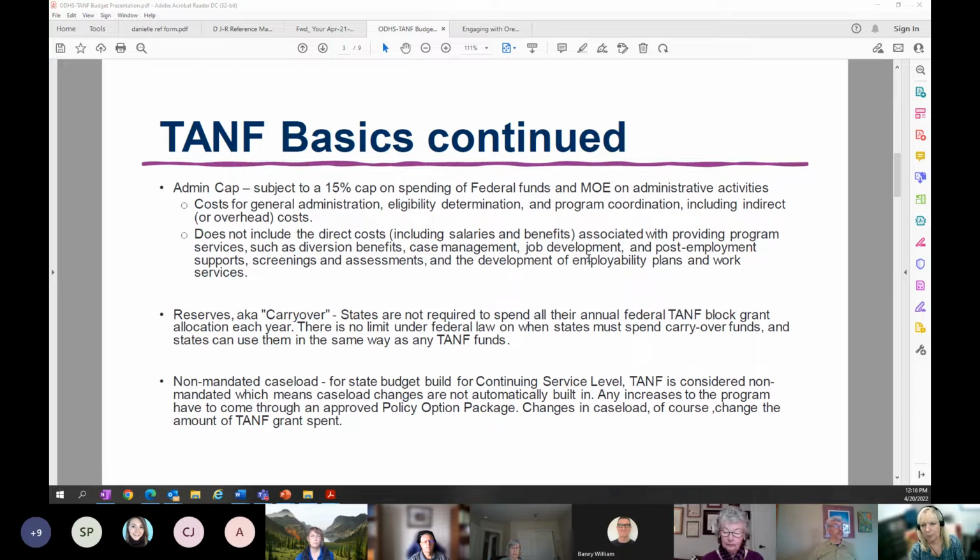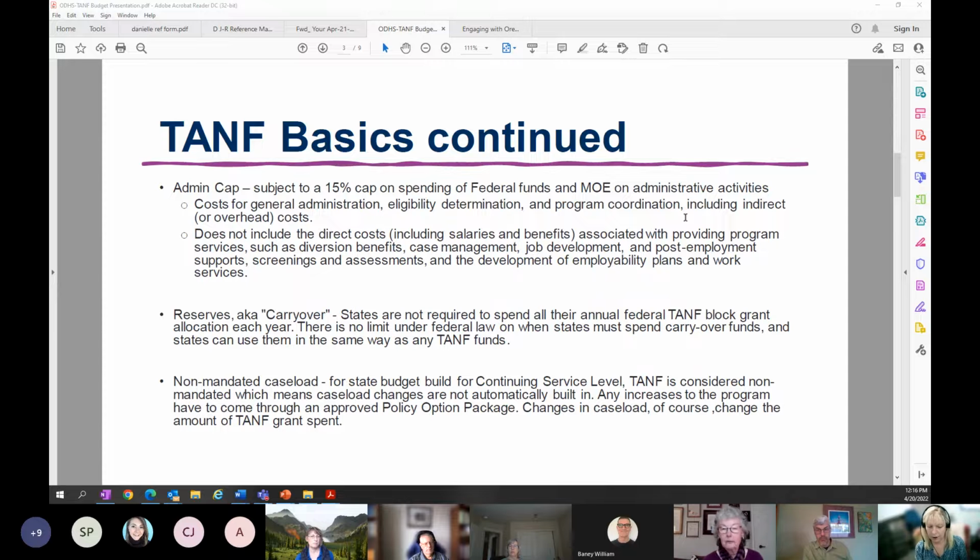Because of that, it brings up the impact that changes in caseload can have on how we spend our TANF. Because TANF is that set amount, if your caseload goes up or goes down, then of course the amount that you end up spending on that caseload is going to be different. So we've done some high level calculations just so you have in your mind what impact that has.